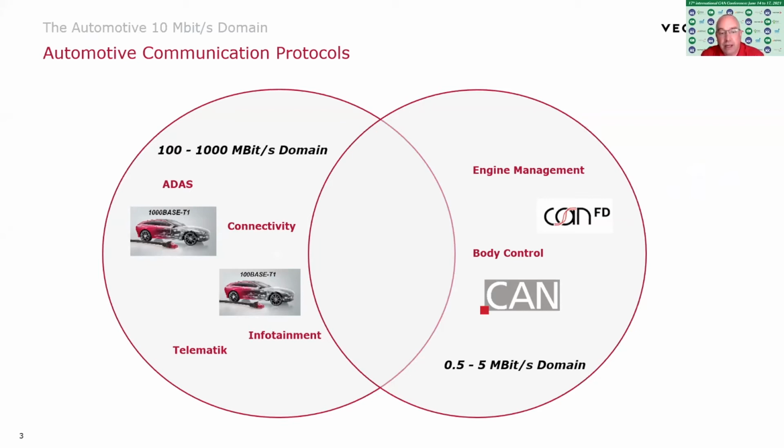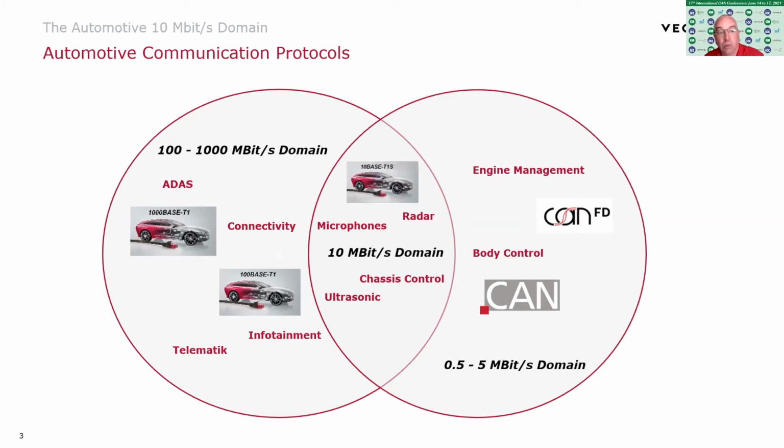But what about a 10 megabit domain? There are still also many use cases located in that domain. And there are two solutions available today or upcoming that could occupy that domain. One is Ethernet based, called 10BASE-T1S, and the other solution, of course, is CANXL.